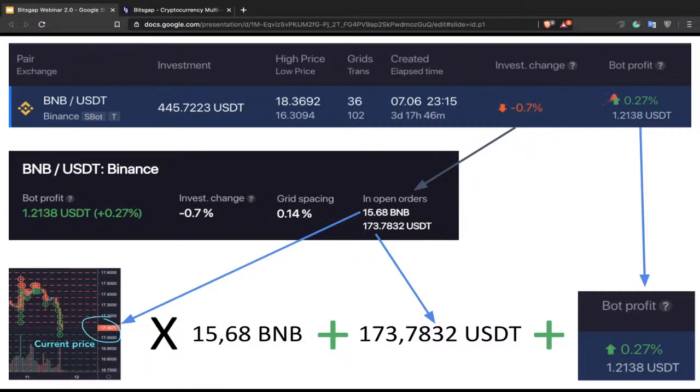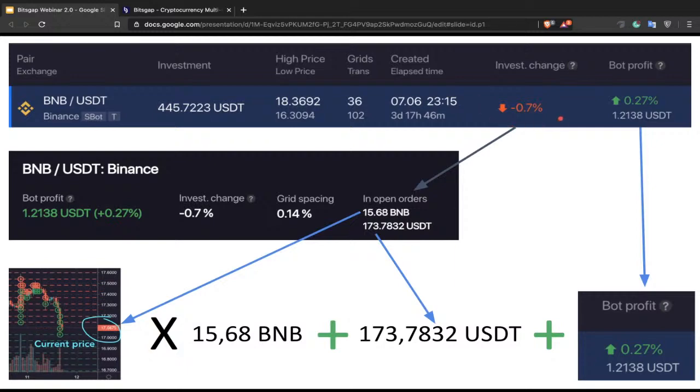So even though the bot has generated 0.27% here, still we are in the negative zone because the value of BNB has dropped from the point of inception. So that's the idea, all right? Bot profit is what you make in the quote currency, and you will always be in the positive zone here because the bot is making profits for you regardless of the market direction, either it's falling, sideways or an uptrend.